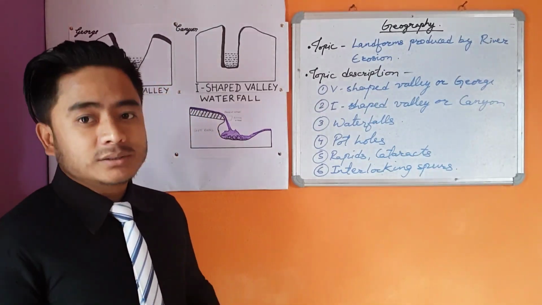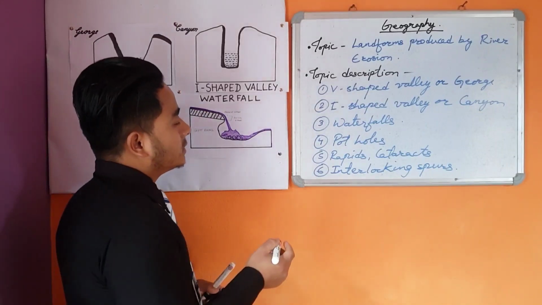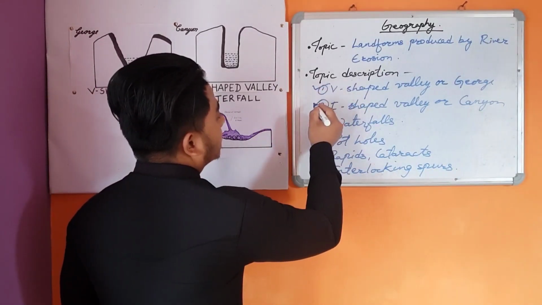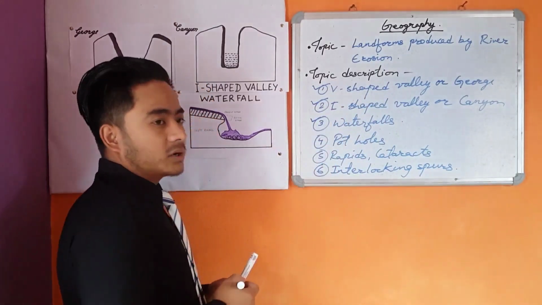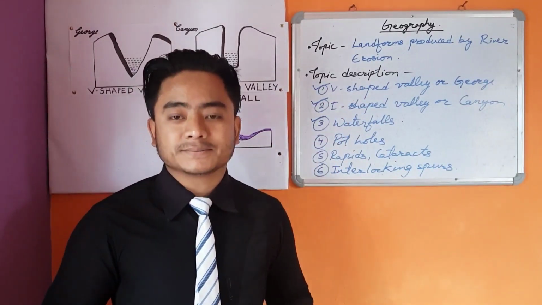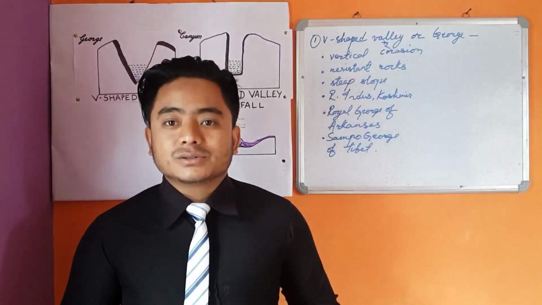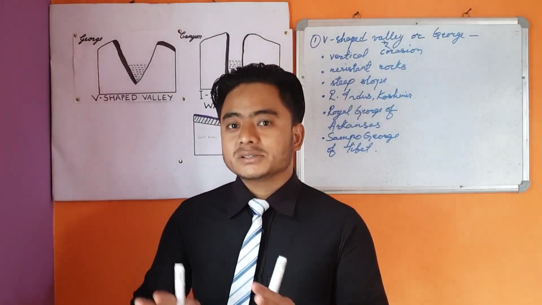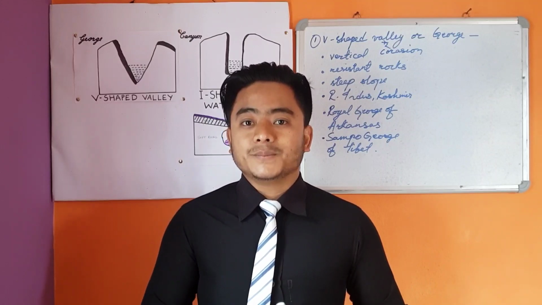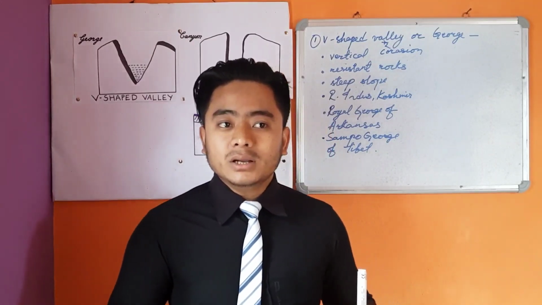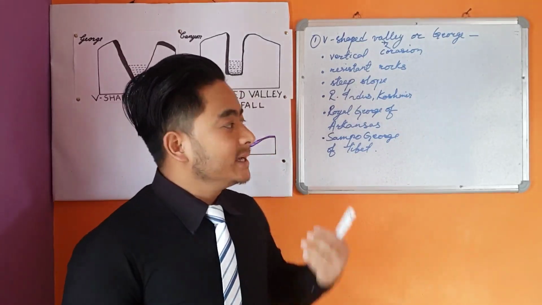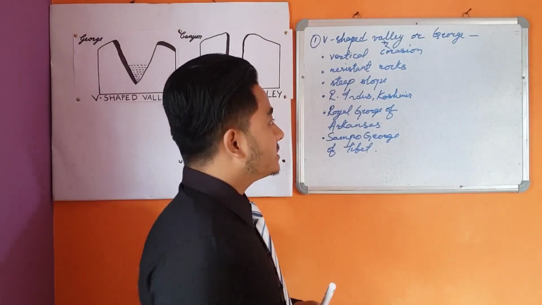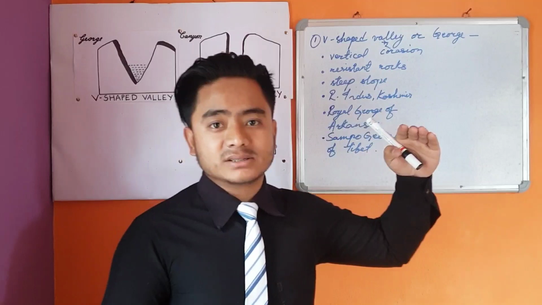In this lesson, we will mainly discuss in detail about V-shaped valley, I-shaped valley and waterfalls. In the previous lessons, we have learned many topics about the river. We learned many facts about the rivers and we came to know that river mainly originates in the mountainous areas.